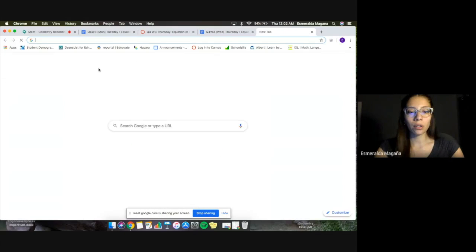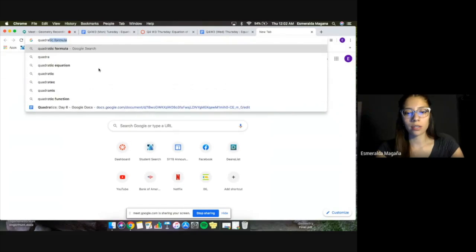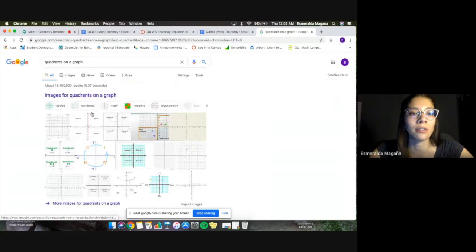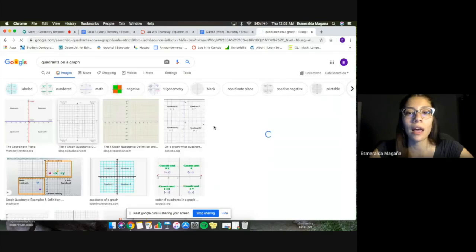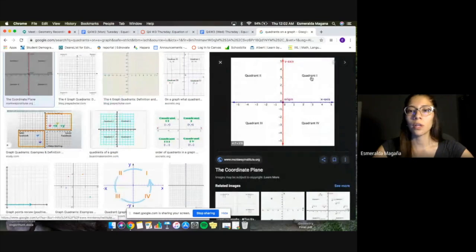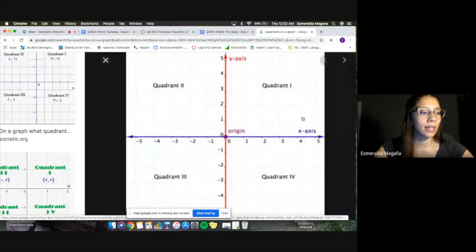So if you look up quadrants on a graph, there's 4 quadrants in a graph, right? The way I like to remember it is like a C. Quadrant 1, quadrant 2, quadrant 3, and quadrant 4, just right here.